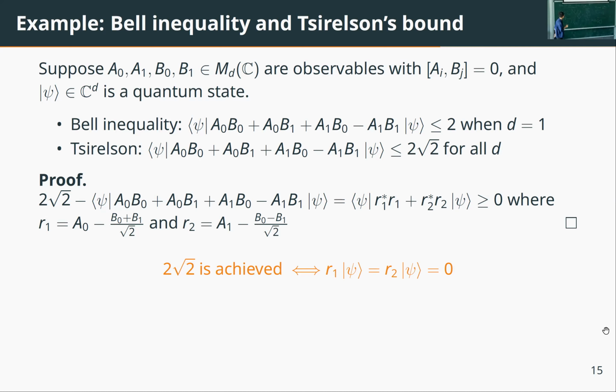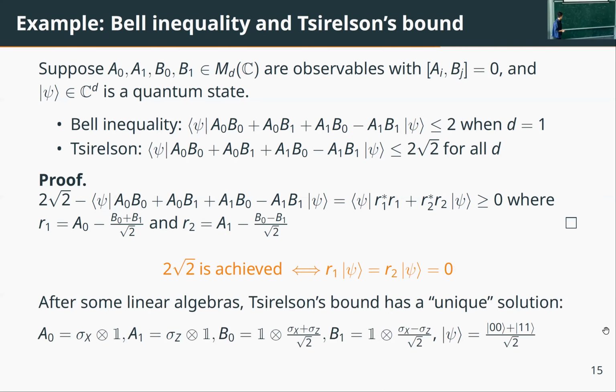So 2√2 is achieved if and only if you have this system of equations. And after some linear algebra, this system of equations actually has a unique solution. So your A0, B0, A1, B1 must be Pauli measurements acting on different tensor factors, and your psi must be the maximally entangled state with local dimension 2.